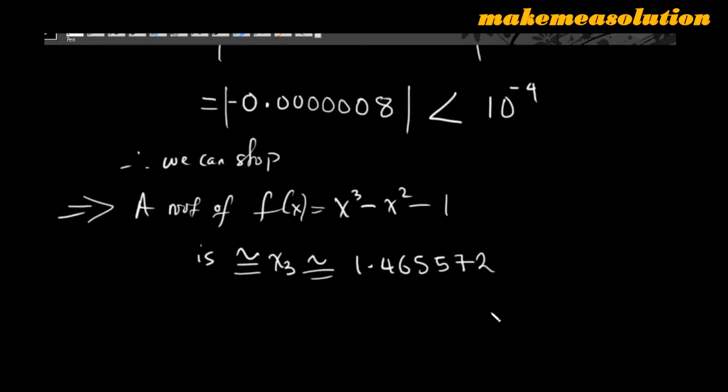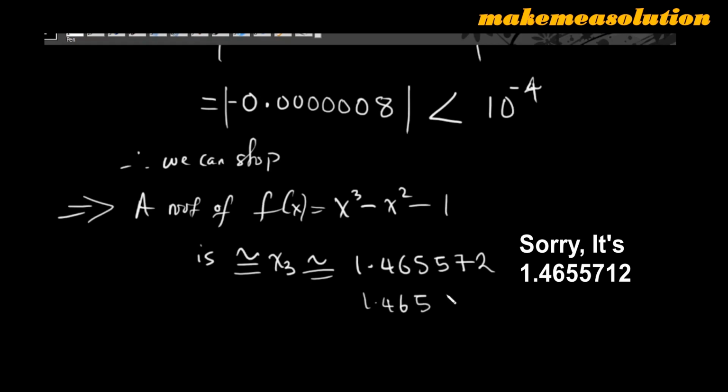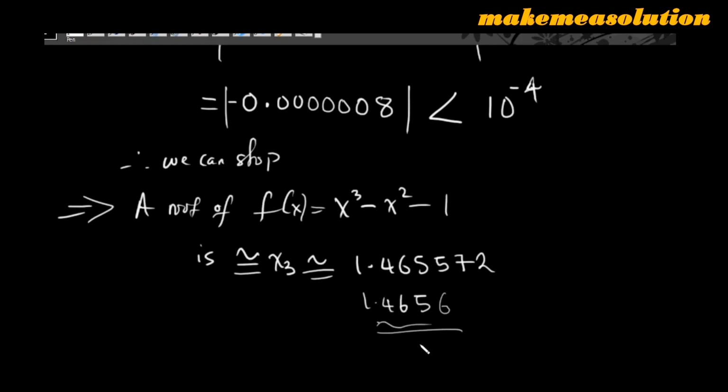So if we want to leave it to an accuracy of 4 decimal places, just like any number up here suggests, an accuracy of 4 decimal places will be 1.46556 approximately. So this is going to be a root of this particular function. Is that okay?